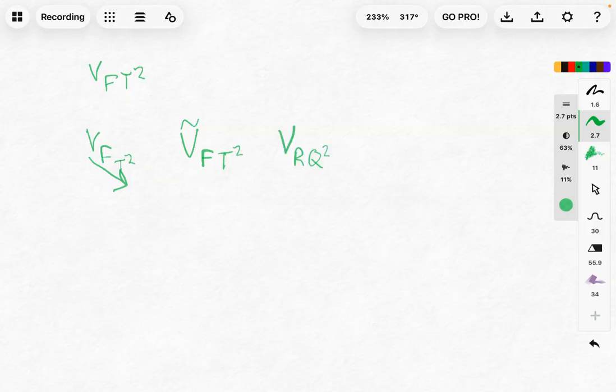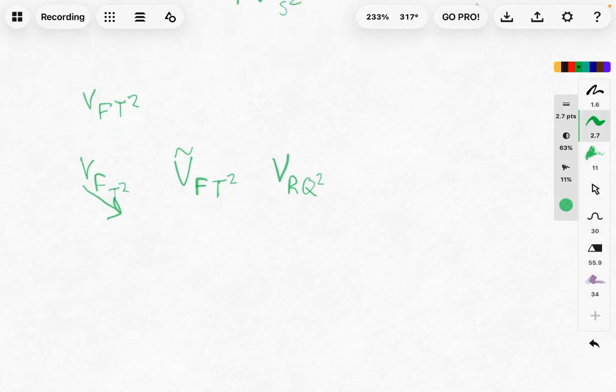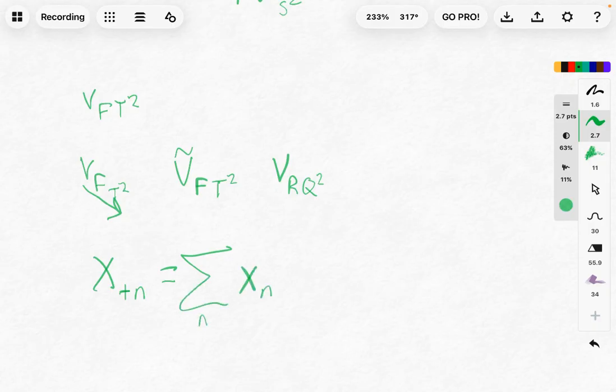Now, another thing I would like to look at is some extensions to our sum rule. So we've already seen x plus n is the sum over all n of x sub n. And of course, I would also like to add a weight to it.